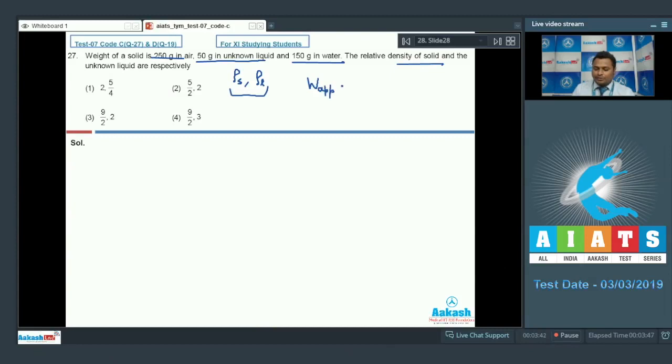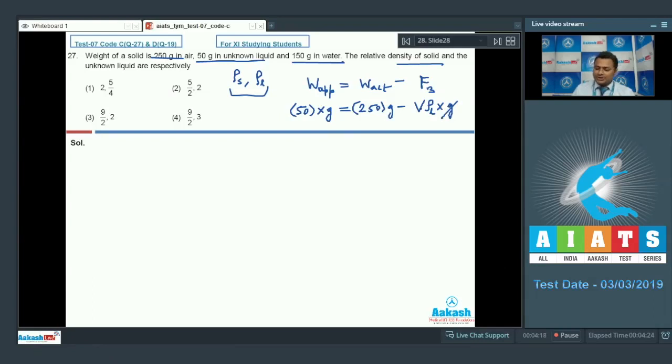Let us consider the first case, that is the case of liquid. W apparent will be actual weight minus buoyant force. Apparent weight is given for the case of liquid as 50 gram. Here it is in gram mass. Multiply with g, you will get weight. W actual is 250 gram, multiplied by g, minus the buoyant force. Buoyant force is given by the volume of the object inside the liquid multiplied by the density of the liquid multiplied by gravity g.